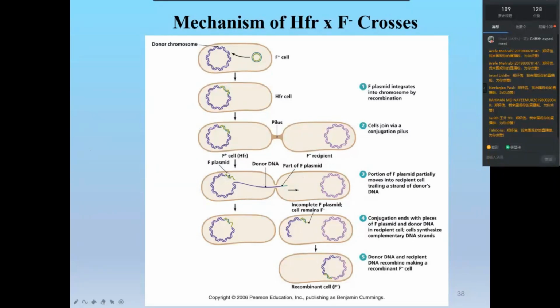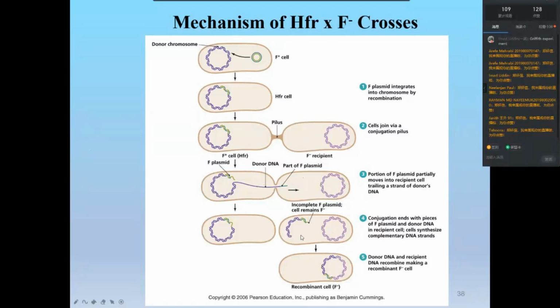You know, the chromosome is so big that usually it cannot transfer its whole chromosome into the recipient cell. So usually only part of its chromosome, a DNA fragment, is transferred into the recipient cell.